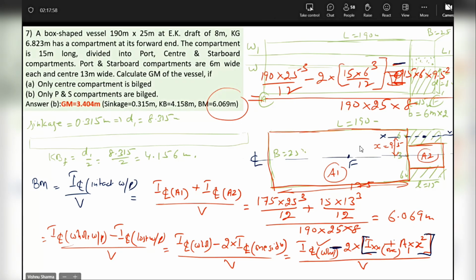I'm happy he took it by theorem of parallel axis. In class, we should not shy away. In exams, if we can smartly maneuver, it's okay. In class, we should sort it out both ways. So is the answer matching now, beta? It will match now. It cannot be wrong. Matching now, sir.